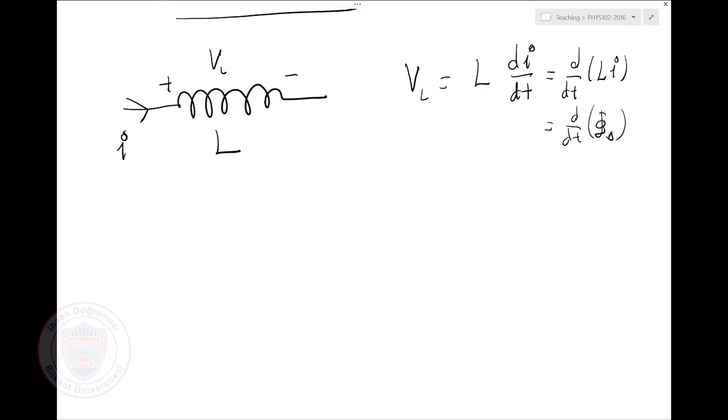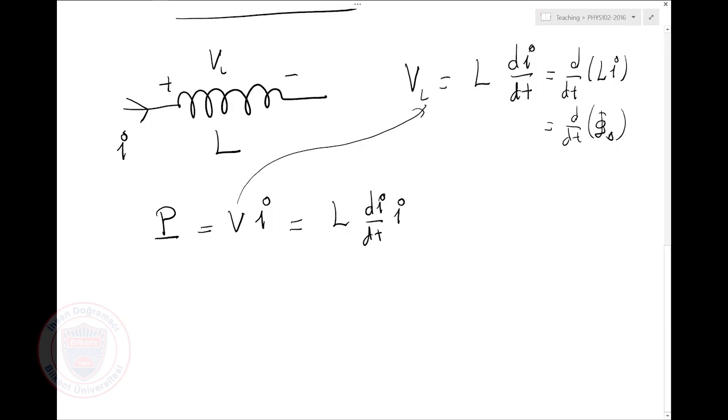But now, let me talk about one more thing. What is the power going into any circuit element at any time? Power is always V times I, right? So the power going into an inductor is going to be, I'm just going to use the expression for V, L di dt times I. Now a simple trick.